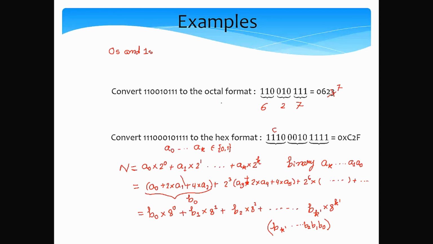So what do we see over here? What we see is that the binary, the octal, and the hex formats are essentially the same. The binary format is very sparse. The other formats are slightly more dense. So this, in a sense, is desirable if you want to represent binary bits.